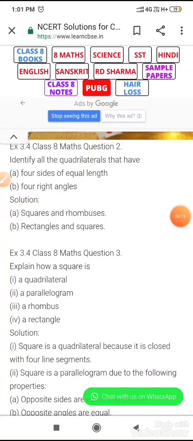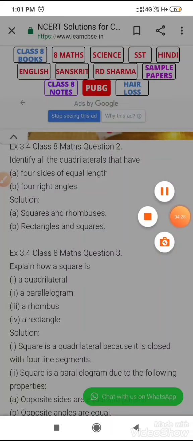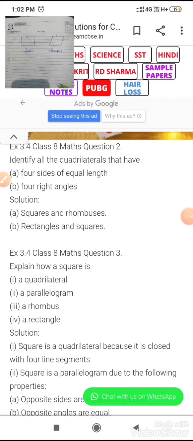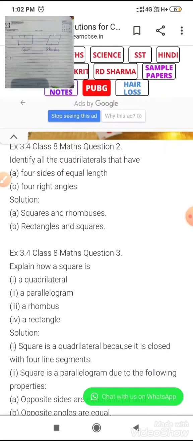In the second question, we have to identify the quadrilateral that has four sides of equal length. In B part, 4 right angles. So the answer of the first part is square and rhombus, because in a square and also in a rhombus all four sides are of equal length.